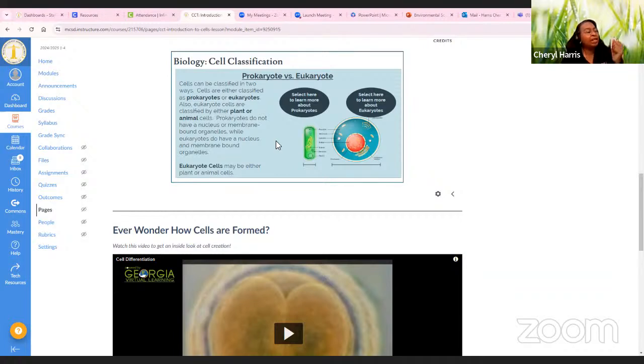It does not have an encased structure called a nucleus. Eukaryotes, in addition to having a cell membrane, have a nuclear membrane, and the DNA is restricted to the nucleus. Okay, so that's the difference between a prokaryotic cell and a eukaryotic cell.